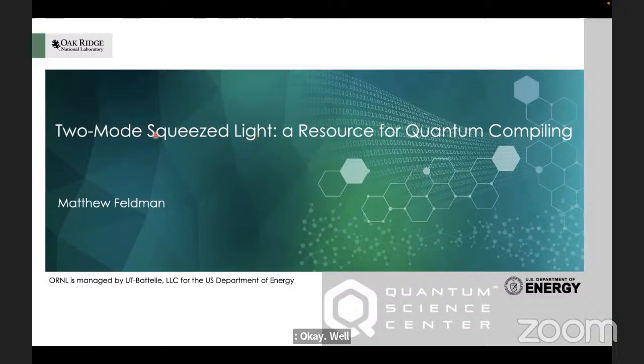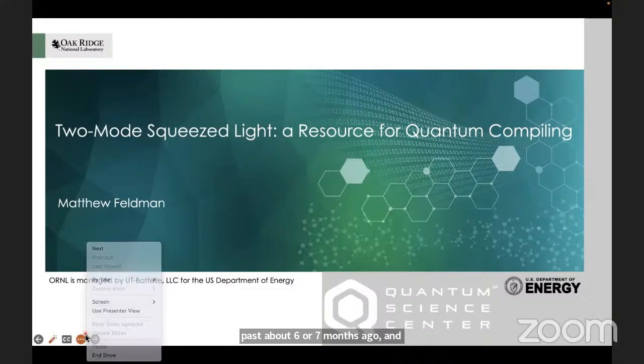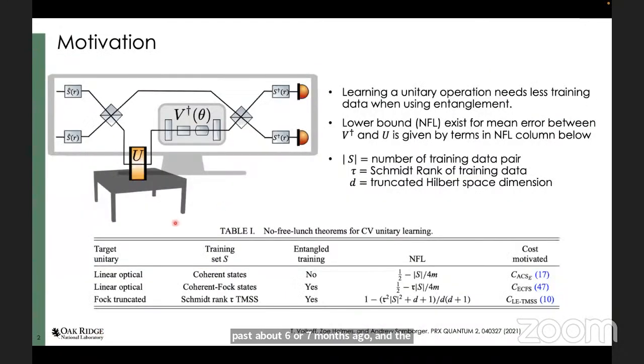Thank you for the introduction. I will be discussing two-mode squeezed light as a resource for quantum compiling. I've just started my position here at Oak Ridge National Lab about 6 or 7 months ago. The motivation for this work really goes back to some of what Andrew Sornborger was discussing earlier today.